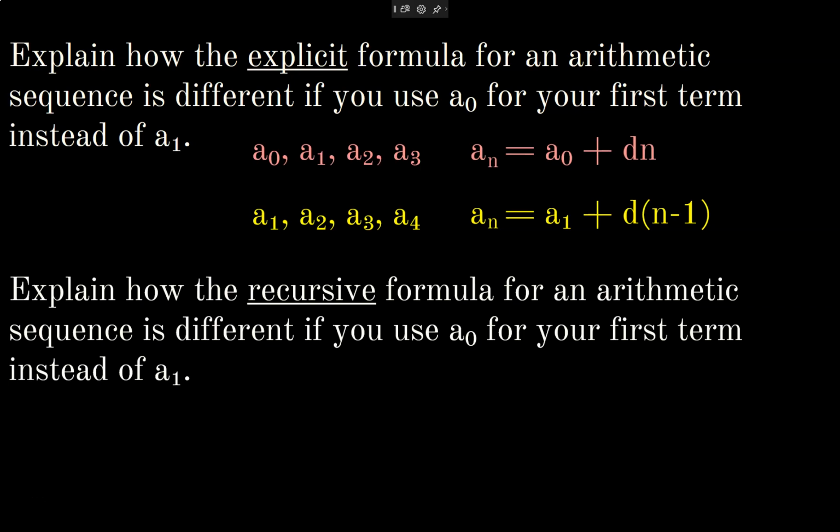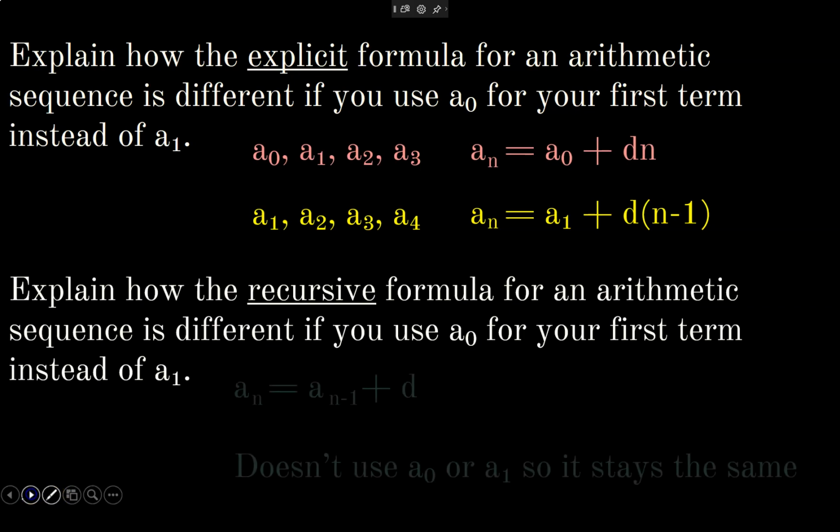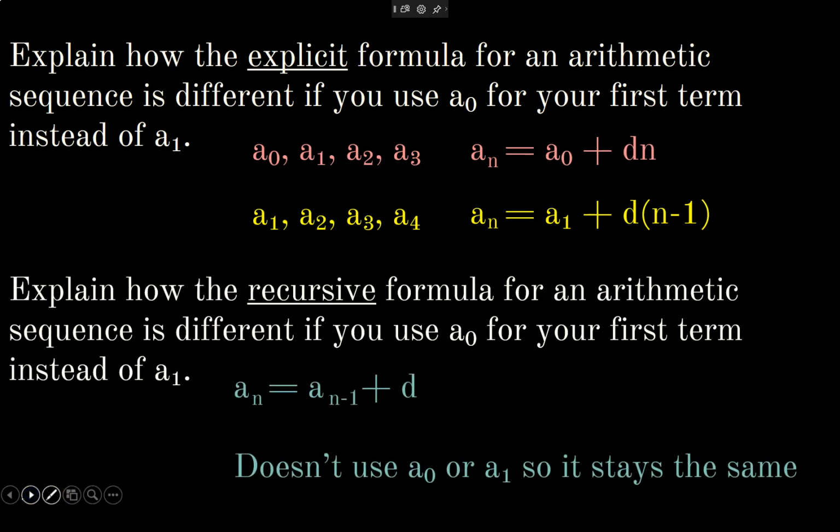We can't use a sub 1 twice. My recursive formula isn't going to change at all, because I don't need a first term for the recursive formula. So we have options for our explicit formula now. Sometimes it's better to use a sub 0, sometimes a sub 1, sometimes the choice is yours, and sometimes it tells you which one to use.